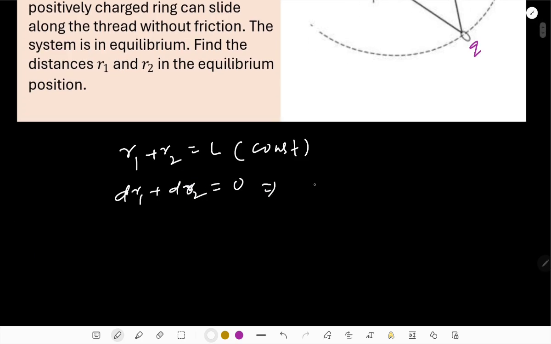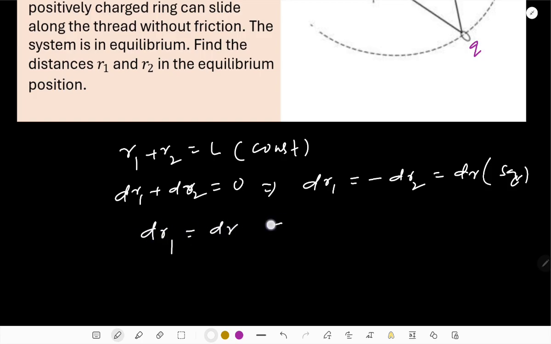That means dr1 will be equal to minus dr2, and let's call it dr, so that in future I can write dr1 equals dr and dr2 equals minus dr.